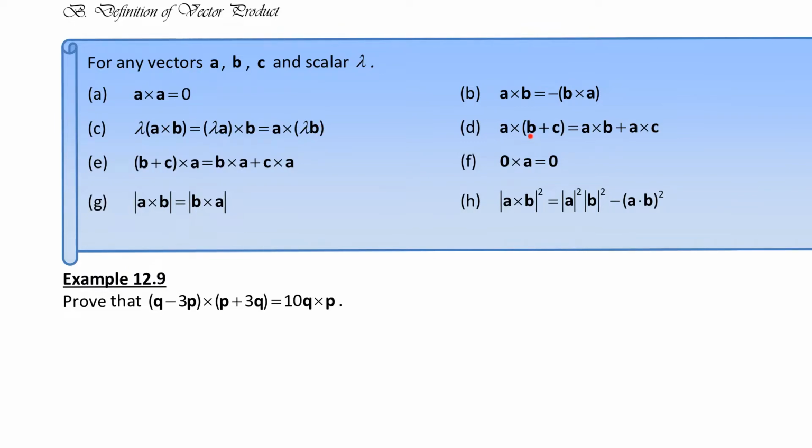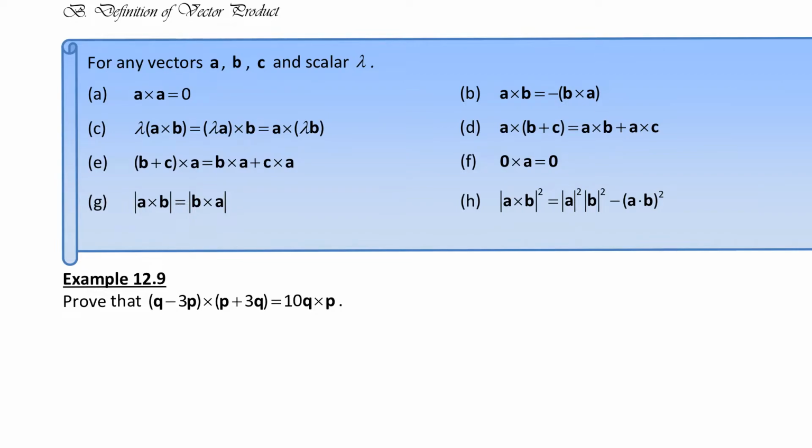We also have the distributive law. That means A cross (B plus C), remember the direction is very important. A is on the left hand side, so when you distribute it into the bracket, A stays on the left hand side. Similarly, if we have a zero vector, 0 cross A must be equal to 0, because the magnitude of the zero vector is equal to 0, so 0 times magnitude A times sine theta.